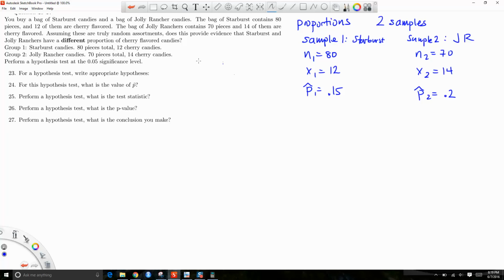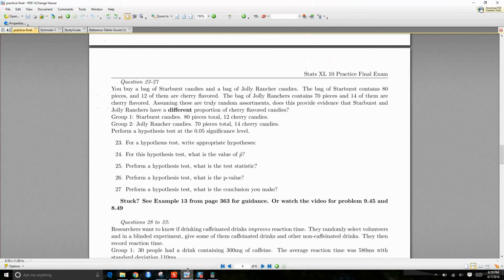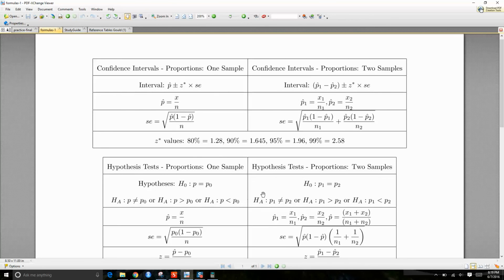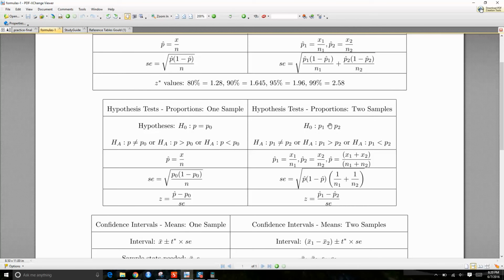We want to know, do we have a different proportion of cherry-flavored candies, and we're dealing with a hypothesis test. So let's write out the hypotheses. What are we going to write? Yeah, p1 is equal to p2. If you're not sure about these things, I have these listed out here. Hypothesis test proportions, 2 samples. It says the null hypothesis right here, p1 is equal to p2.